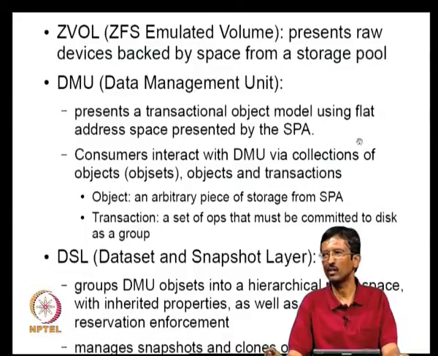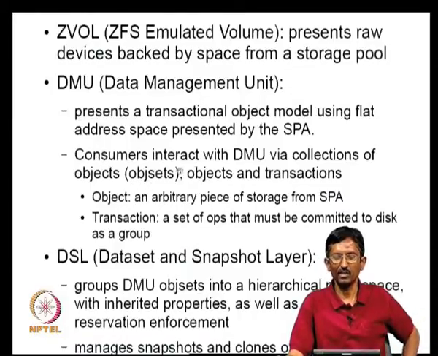For example, in Linux, it will be the standard /dev/sda1, sda2, sda3 without a volume manager, whatever the devices are. Okay. And the consumers, the guys upstairs, interact with the DMU by collections of objects and transactions, okay, sets of objects and transactions. So a transaction is basically a set of operations that must be committed to disk as a group. Okay.